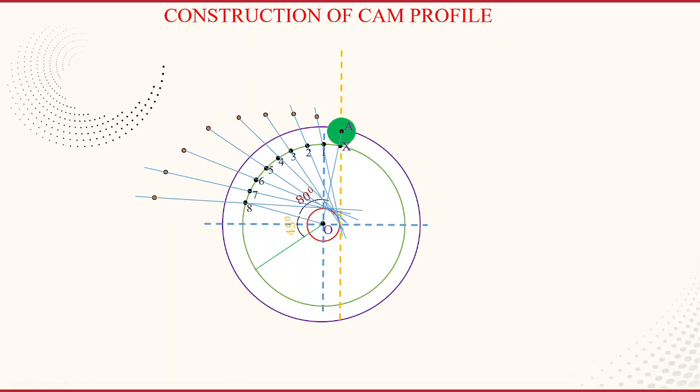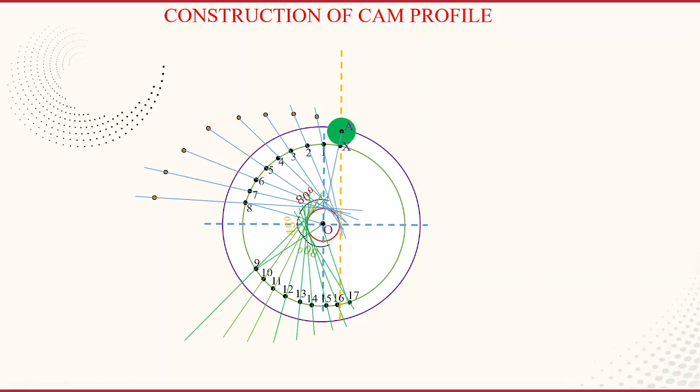Next, followed by the return stroke. Again, you take the 80 degrees from this reference line and mark, and this is the return stroke. Now the return stroke also divide into 8 equal parts, and assign the numbers and draw the lines which are passing through these points and tangent to the offset circle.